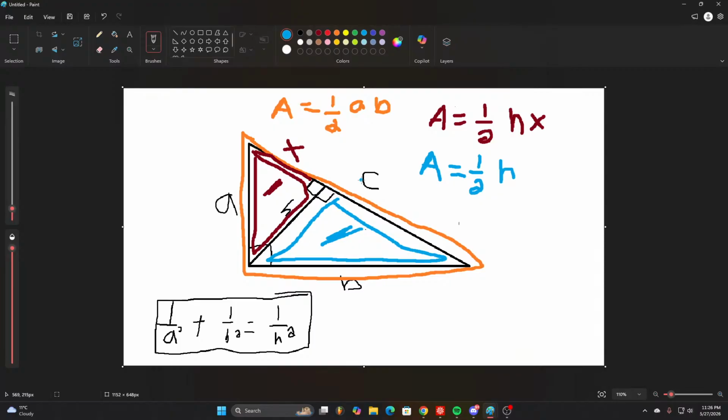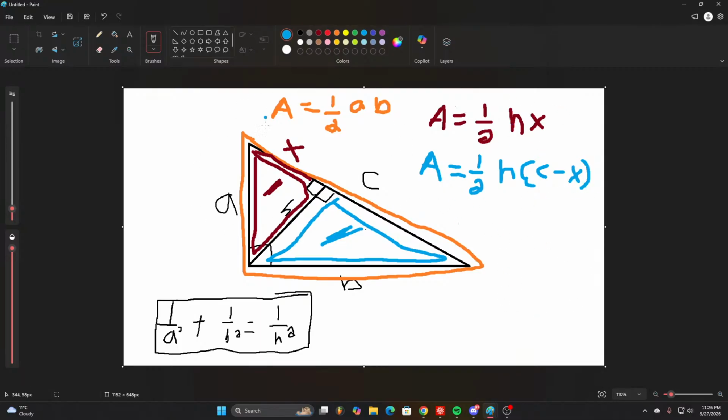Remember, this leg right here was H. And this is going to be a length of C minus X. Bada bing, bada boom. That's what that is.